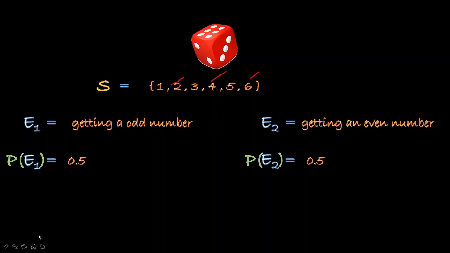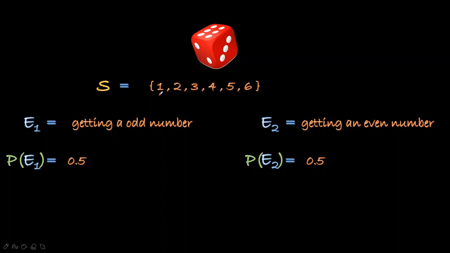Now this is where I want you to look carefully. You have 2 events now. Probability of getting event 1 was 0.5. Probability of getting event 2 was 0.5. And we know that these two are exclusive events. Why? Because the set is different.